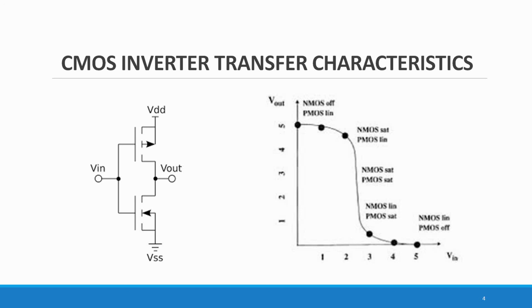So the reason is that the NMOS and PMOS are both in saturation, and we can see this sharp curve here. That's the main reason that input voltage from 1 volt to 4 volt is considered invalid, as the output is not constant, it is varying drastically in this voltage range, and hence input voltage from 1 volt to 4 volt is denied.